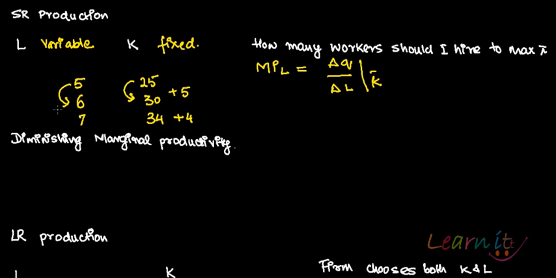When employment of labor further changed from 6 to 7, output increased only by 4 units, not by 5. This is the marginal productivity. This is the total output, say Q, and this is the labor. This is the marginal productivity of labor. As you've seen, the marginal productivity of labor is falling. So you've assumed that marginal productivity is diminishing.